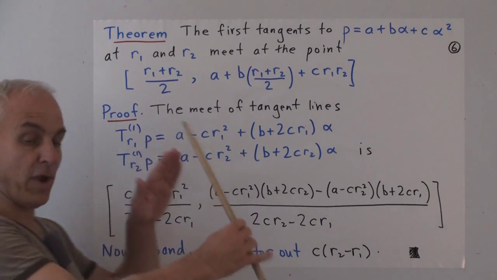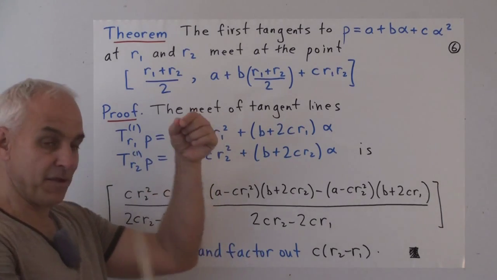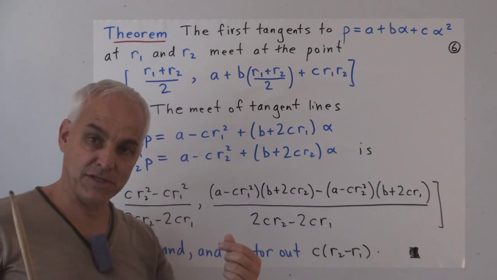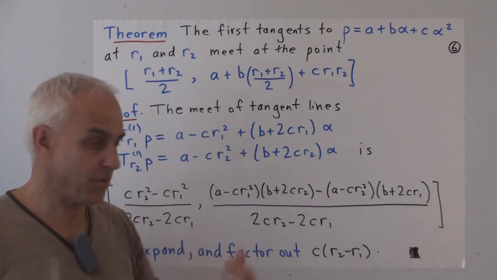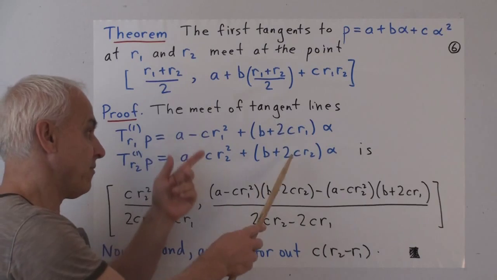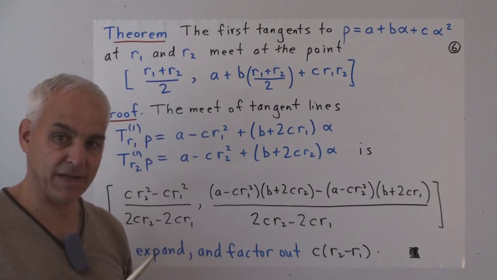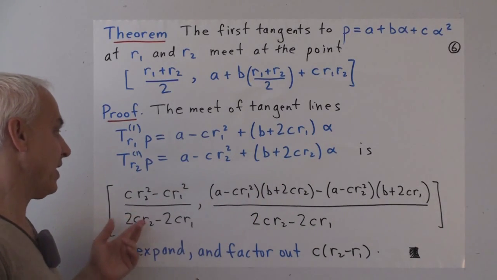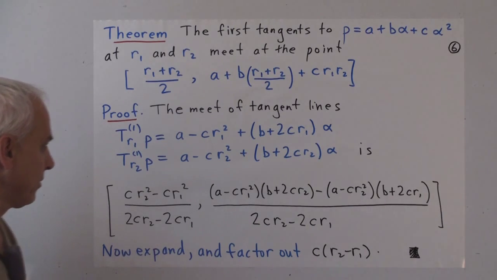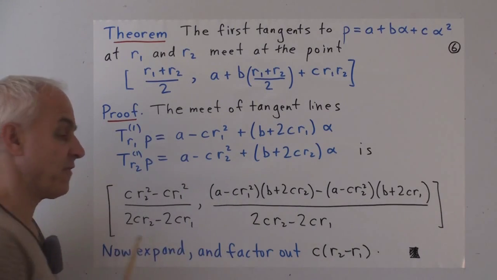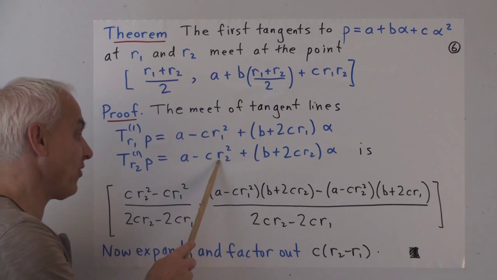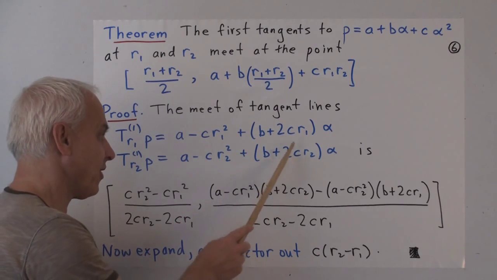Those are the two equations of the lines, and we have to find where they meet. So we have to use the meet of lines theorem, which is a formula that tells us if we have equations for the two lines or linear polynumbers, then what is the point which lies on them both. So the formula for that meet is this minus this over this minus this.